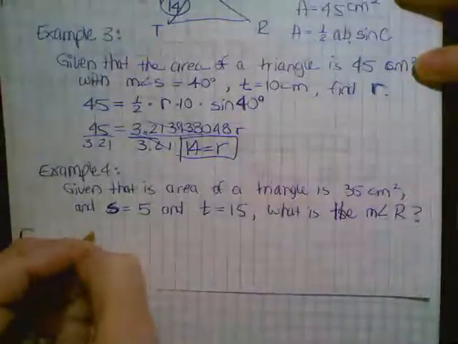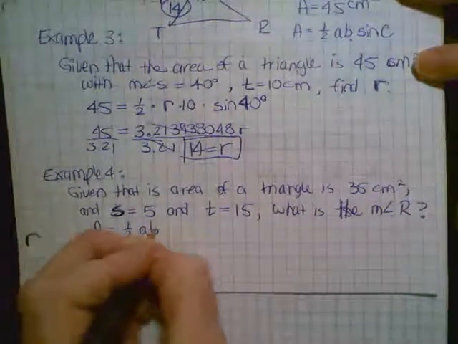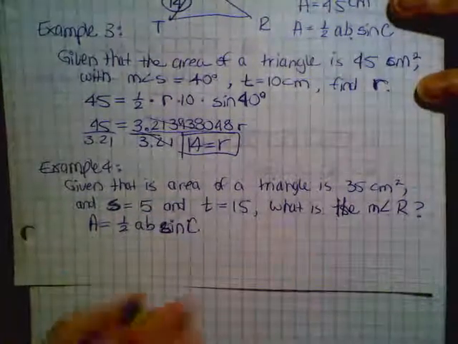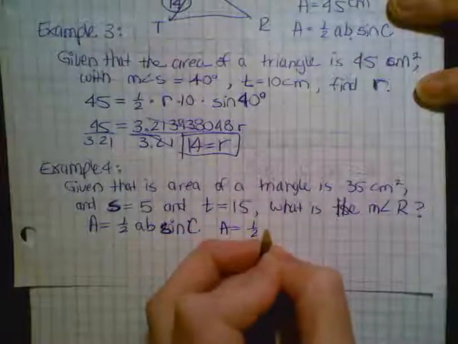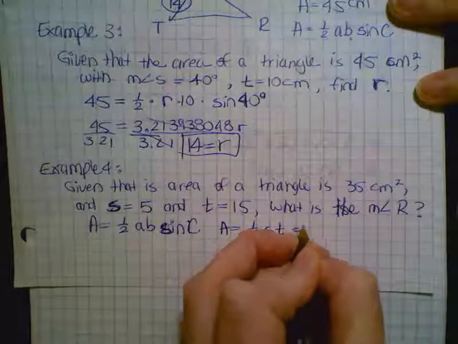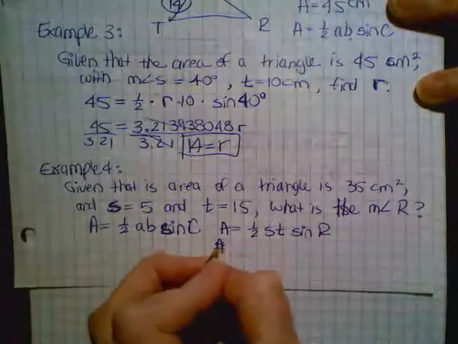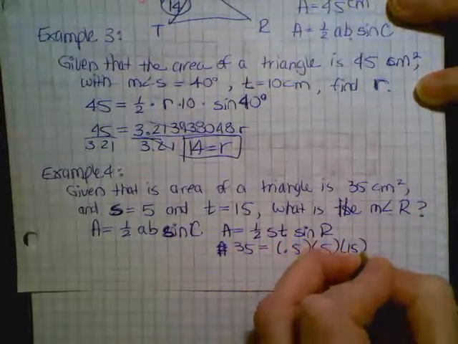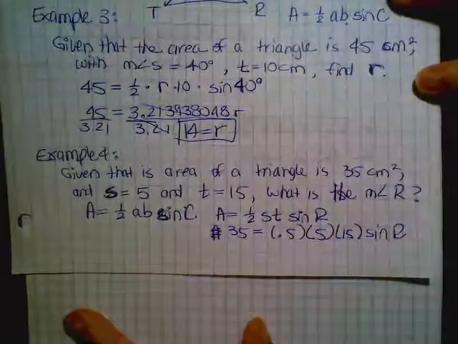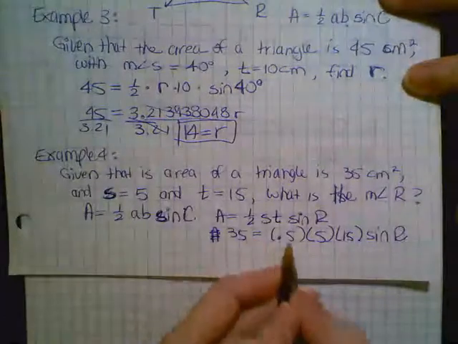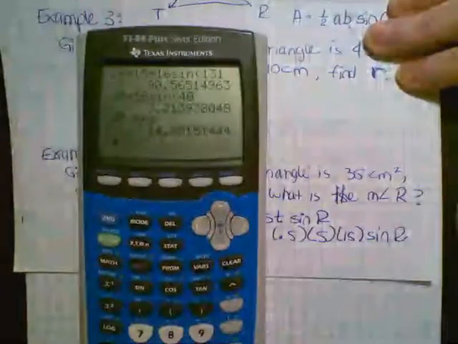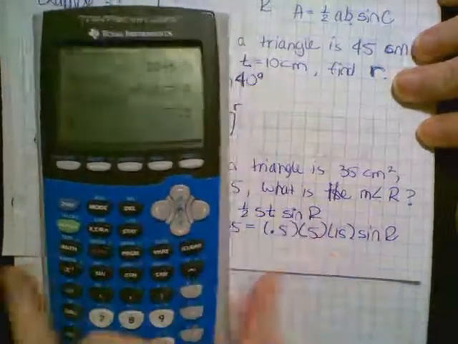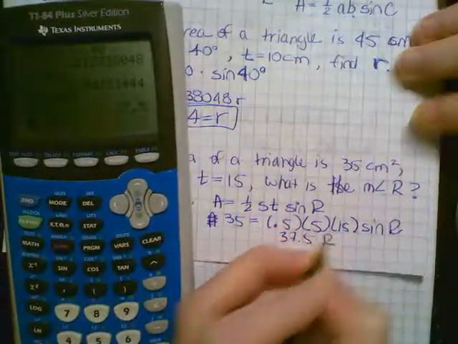Okay, so now I'm using the same equation. A is equal to 1/2 AB sine of C. I could rewrite that as 1/2 times S times T sine of R. So, area I know, 35 is equal to 0.5 times 5 times 15 sine of R. Okay, so I'm going to multiply all those together. 0.5 times 5 times 15 is 37.5 sine R equals 35.